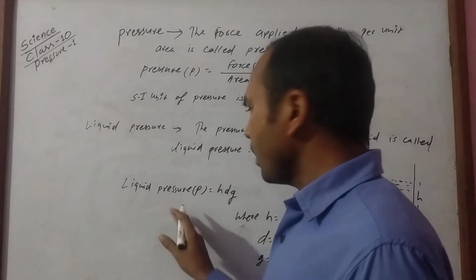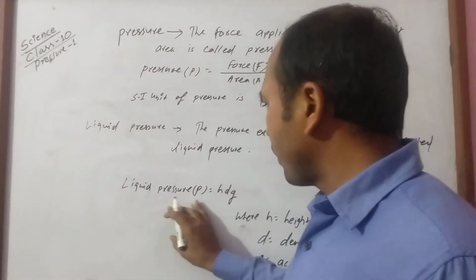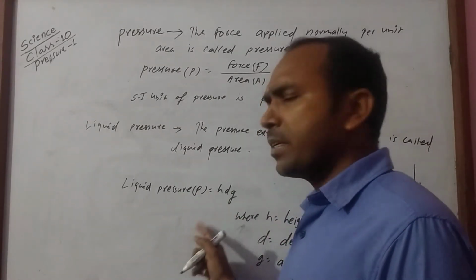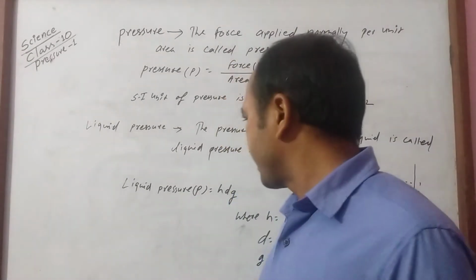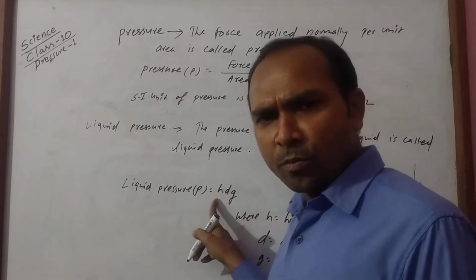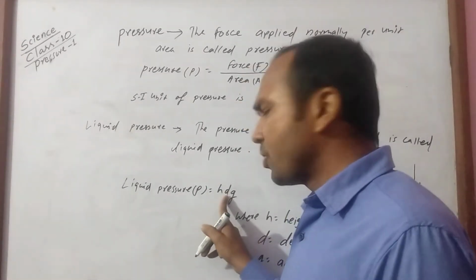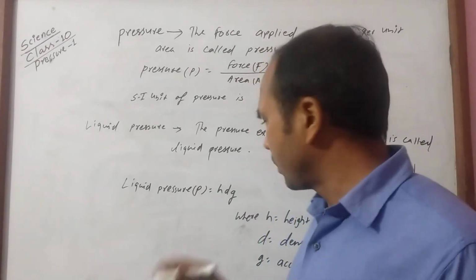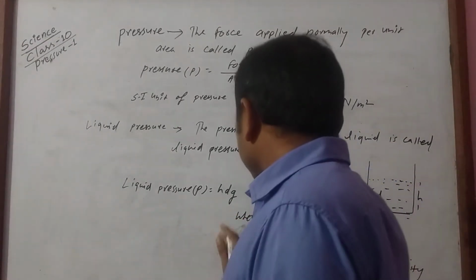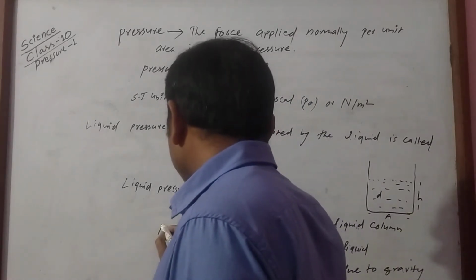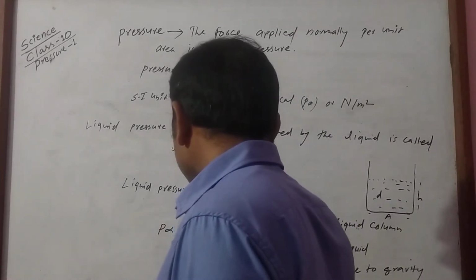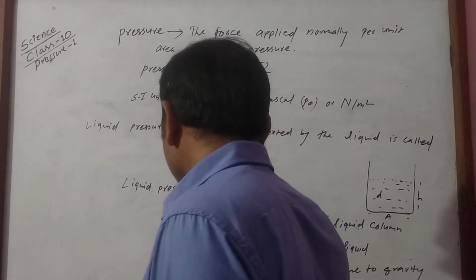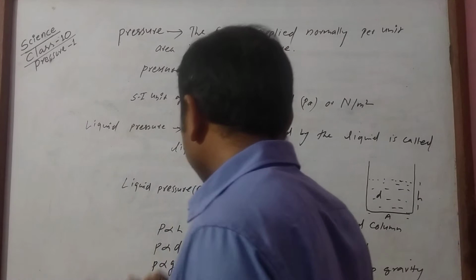Okay, and this formula shows that liquid pressure, the pressure applied by the liquids, depends upon the height of liquid column or depth of liquid column, density of liquids, and acceleration due to gravity. Then P is directly proportional to h, P is directly proportional to d, and P is also directly proportional to g.